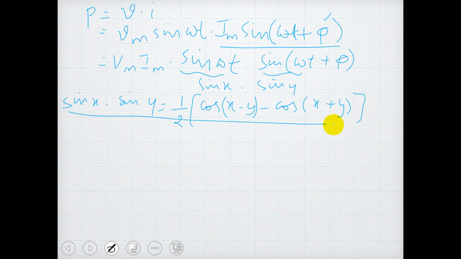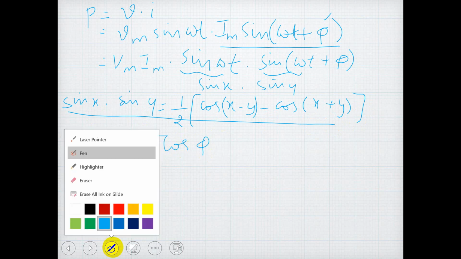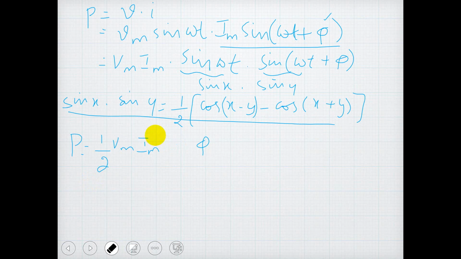So when you use this formula, we get here P is equal to half of Vm Im cos phi, minus half of Vm Im cos of 2 omega t plus phi.